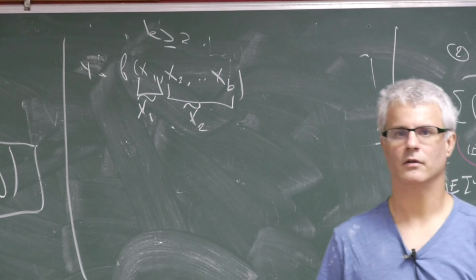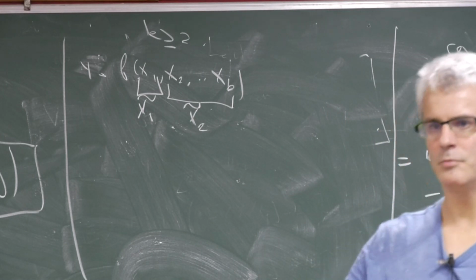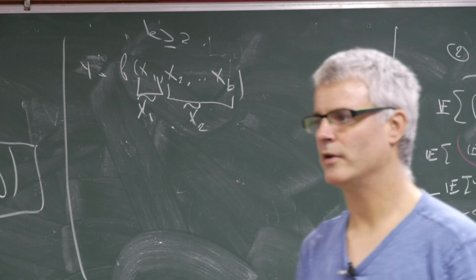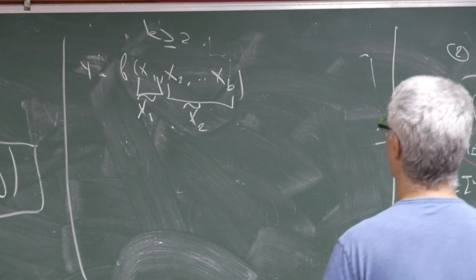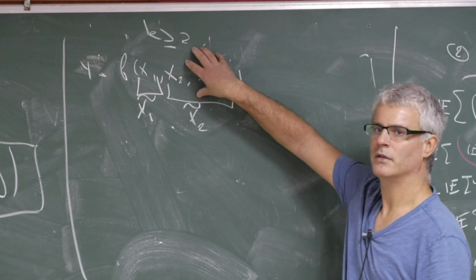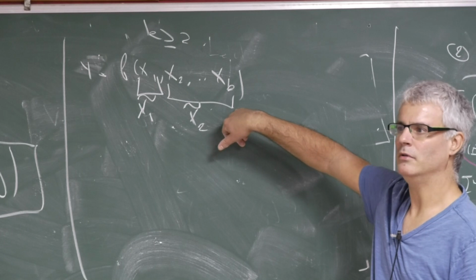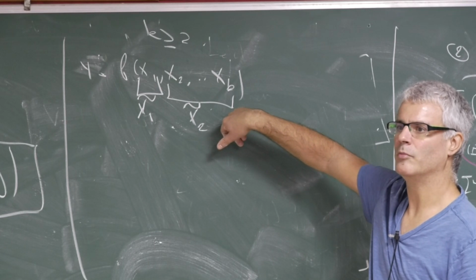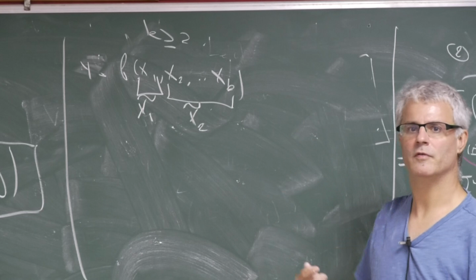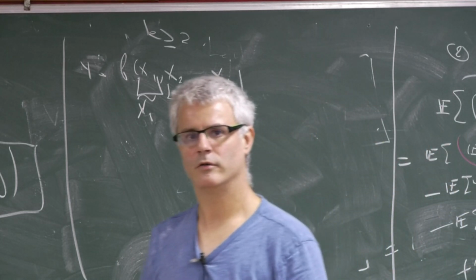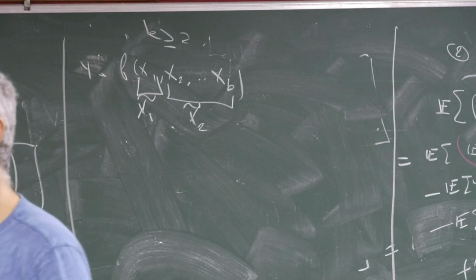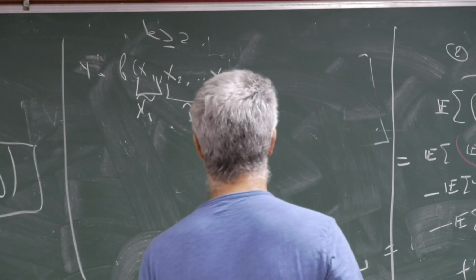You can always split your inputs. For example, let's say that I keep x1 and the other ones I call x till 2. You do the Hoeffding decomposition for this one, and then recursively, you can write the Hoeffding decomposition. Okay?